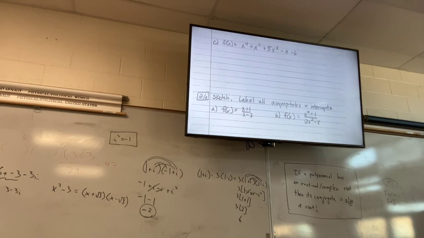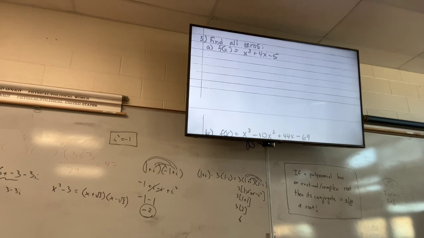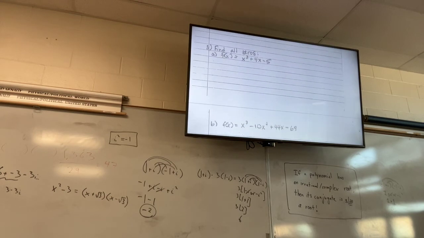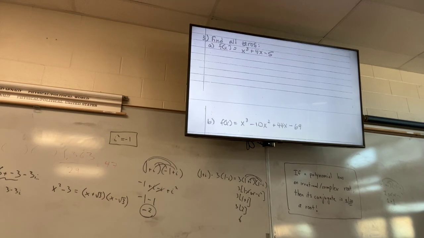So these three right here, these three problems. Find all zeros. So what do you guys want to try? What do we always try first? Factor. Can we factor? No, so what do we do when that fails? The rational root theorem.